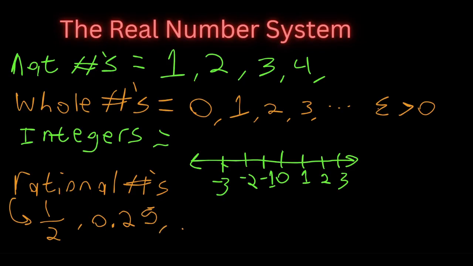This also includes numbers with a repeating decimal, which can be written as so, but it's exact fractions or terminating decimals or repeating decimals. So now you're starting to see how this works, right?